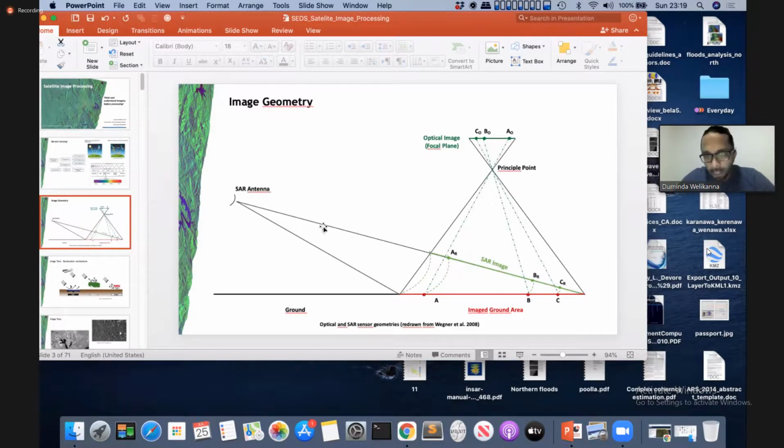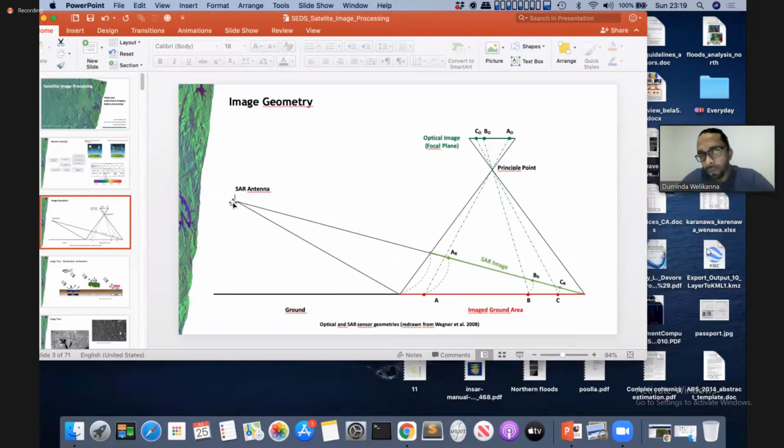So all the image that is recorded along this plane, because whatever hit and came back came along this plane, right?